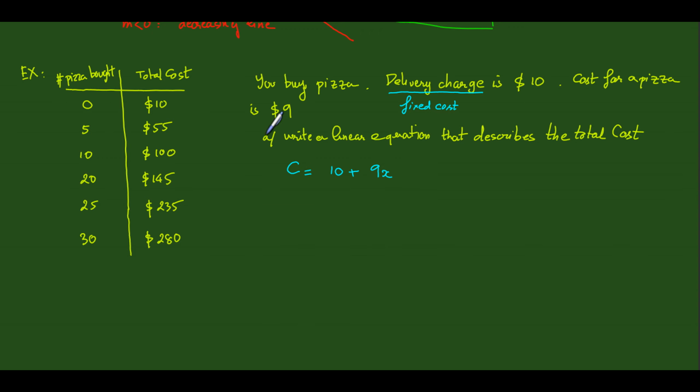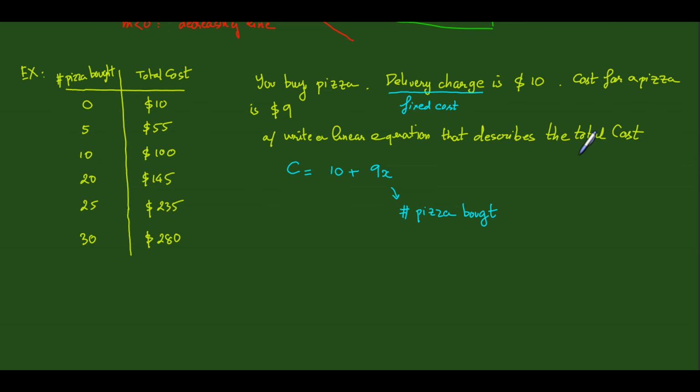So this is the answer to question A, but I'm gonna just explain over here what X is. X represents the number of pizza bought. So basically X is right over here, in this column. And C, the cost, is which is Y. Usually we use Y, right?